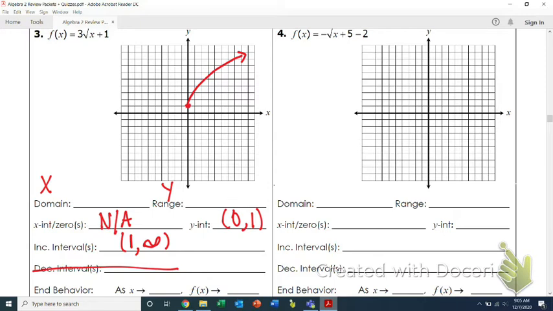So it starts at 0, but is everything greater than 0 or is everything less than? It's greater than, so our domain would be x is greater than or equal to 0. That means everything above it is greater than that 0. Now our range is our y. What is your y point? Well, your y point's 1. So it's above 1, so everything is greater than or equal to 1.